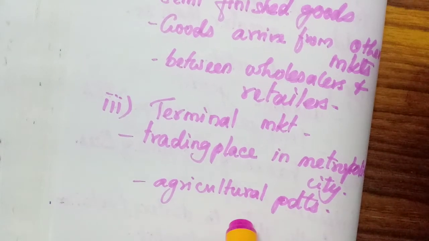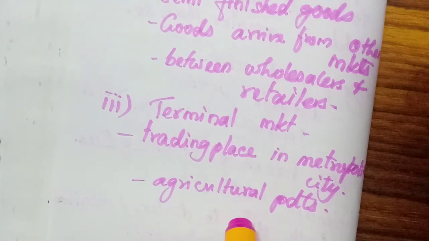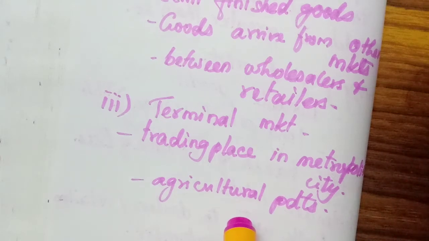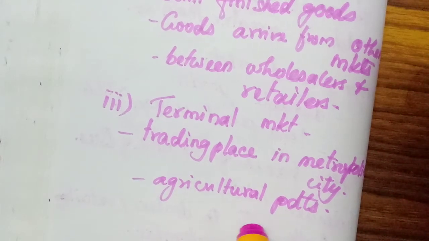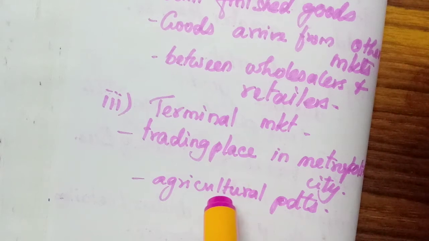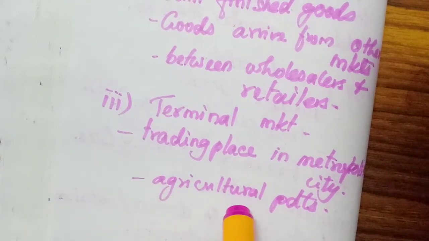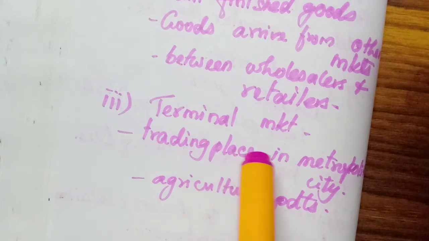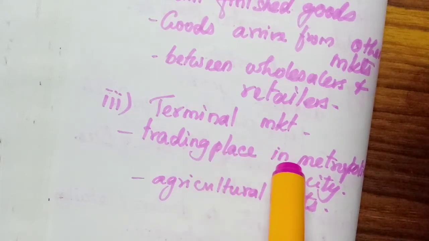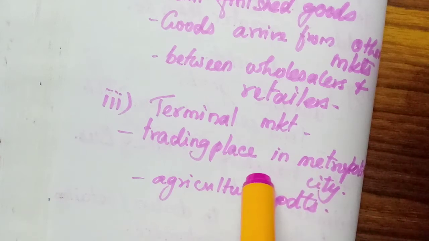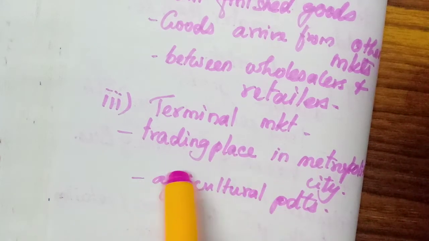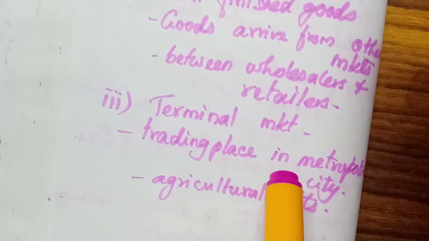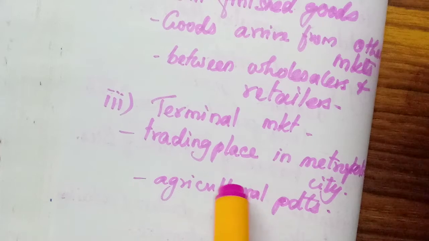For example, in Chennai there is a wholesale vegetable market, and in Coimbatore too. There we can usually purchase agricultural products. It acts like a trading place, assembling all the agricultural products in one place. From there it is transported to almost all the towns in that area, and all the markets sell from there.